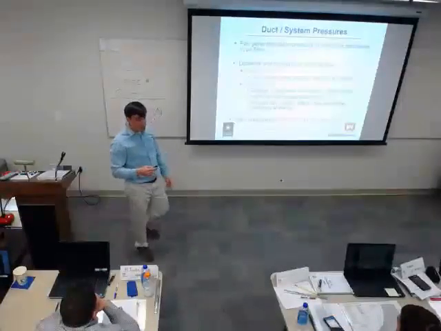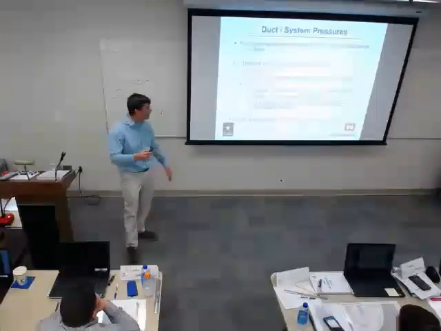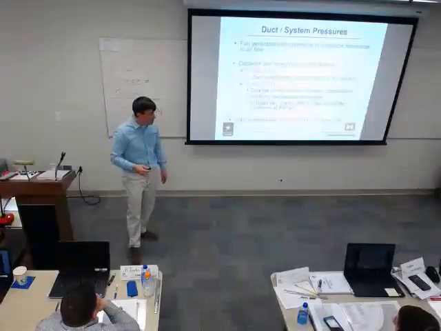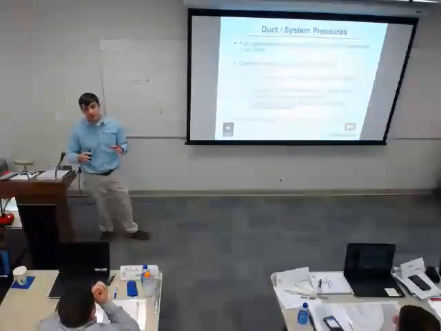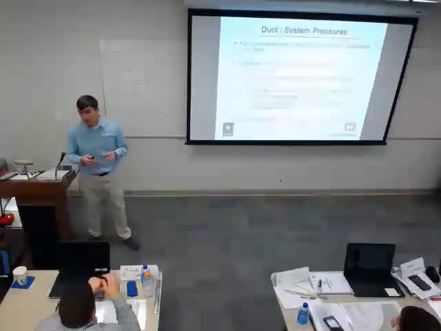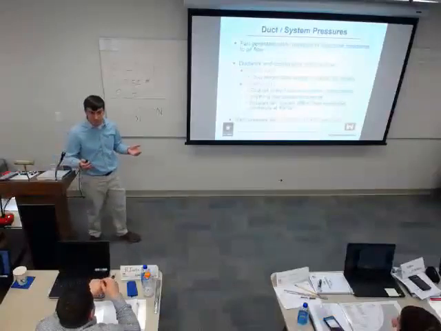As I said, that fan's job is to create pressure to overcome the resistance of the duct system. We have two main types of resistance. We have friction loss, which is pretty much dictated by the amount of duct and the size of that duct. So if I have a smaller duct and I try to move more air through it, it's going to have a lot more resistance than if I tried to move that same amount of air through a bigger duct, right?